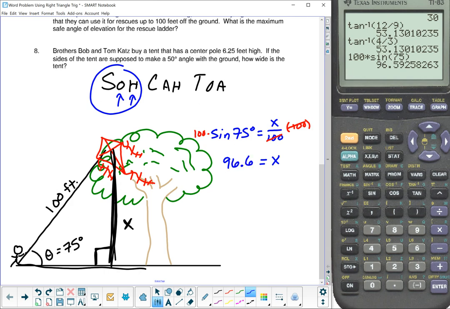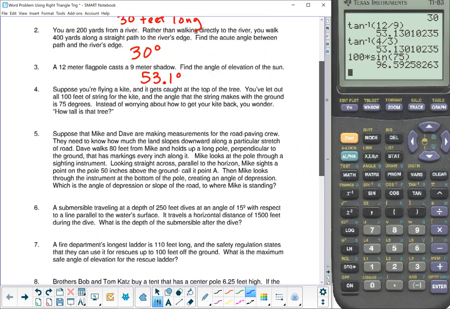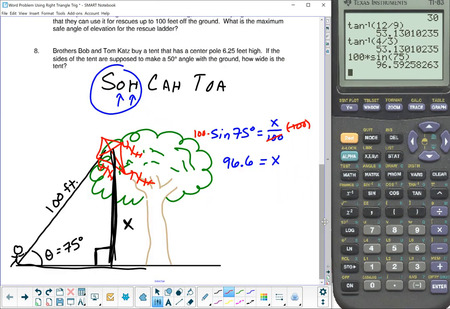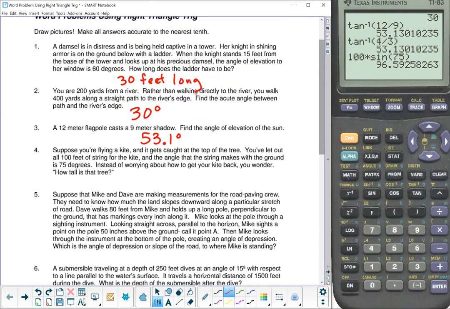All right, and that's feet. So 96.6 feet tall.